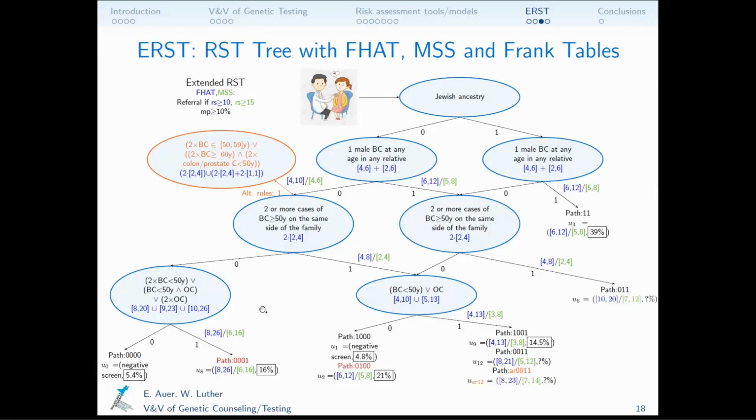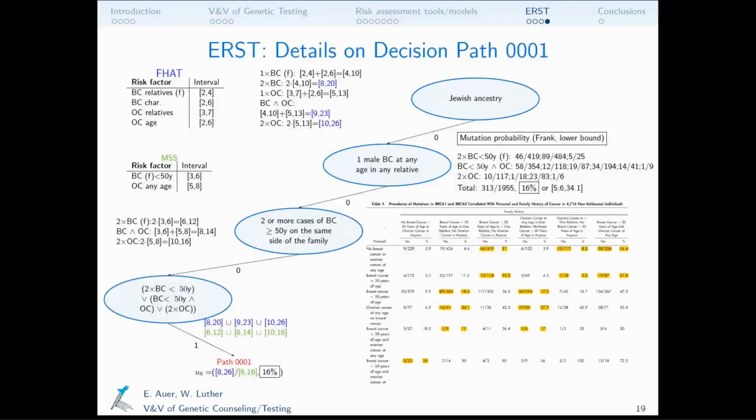Let us take a look at this path again. If you want to know how we actually compute those intervals that we see here, and also this probability, you can take a closer look at this slide. Yes, so we show here that we have three criteria which need to be combined. The first criterion is for any relatives in the family under 50 years having breast cancer.